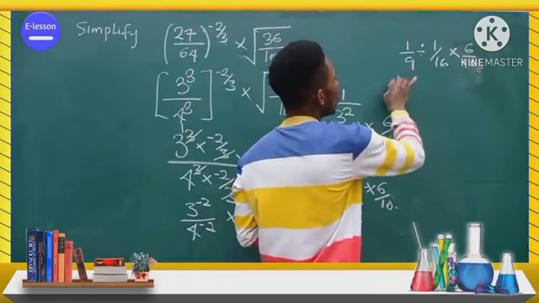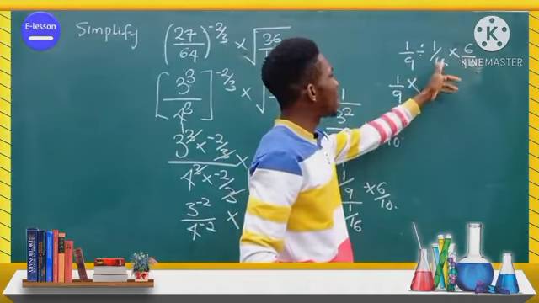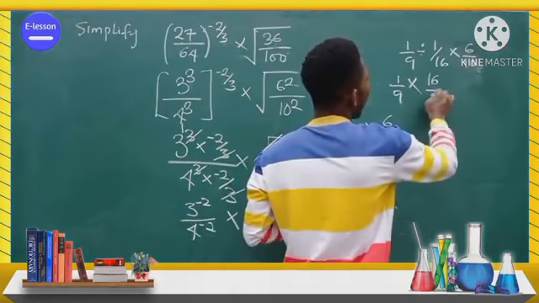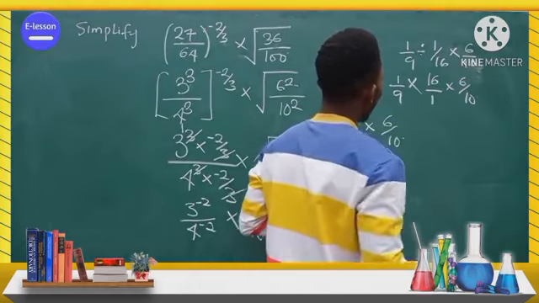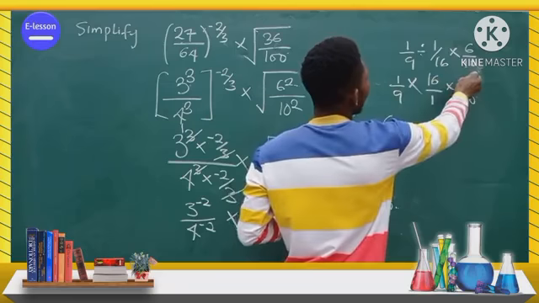According to what I told you, this becomes 1 over 9 times, since you are multiplying, the 16 will come up, while the 1 will come down. So you have 16 over 1 times 6 over 10. Now from here, we can multiply, or we can divide first.